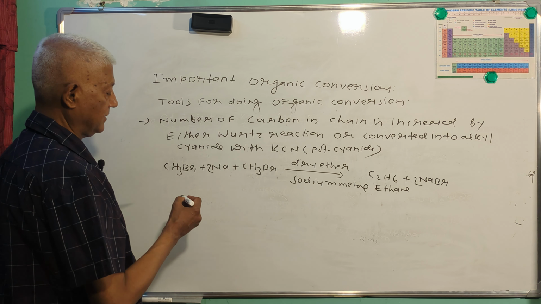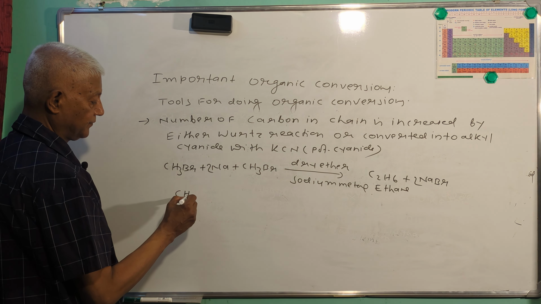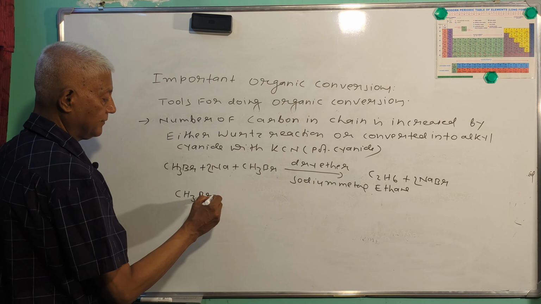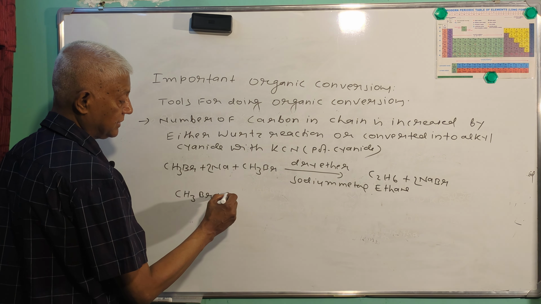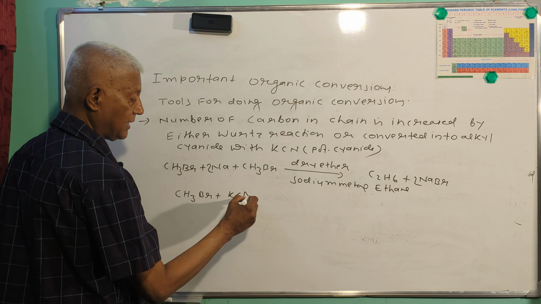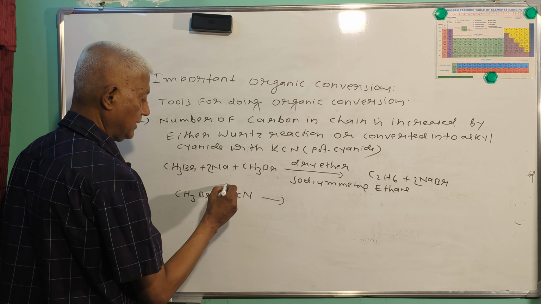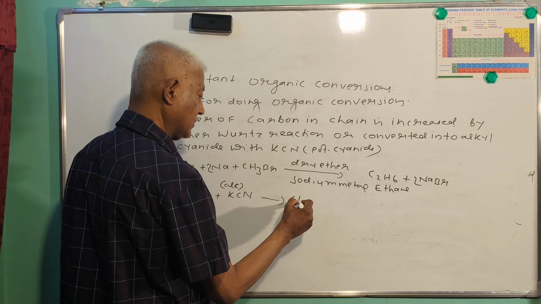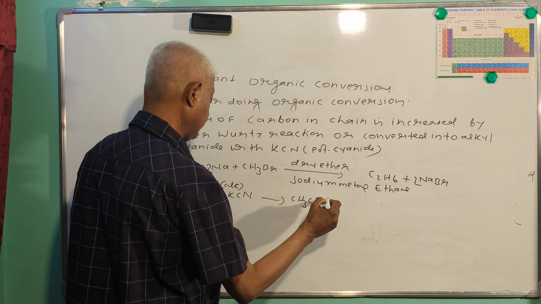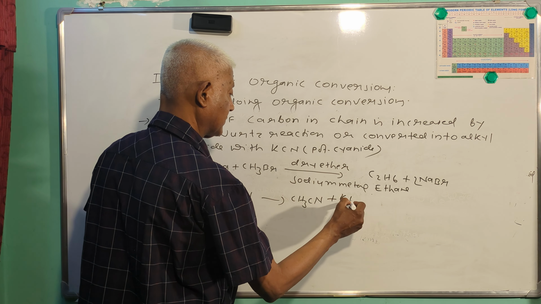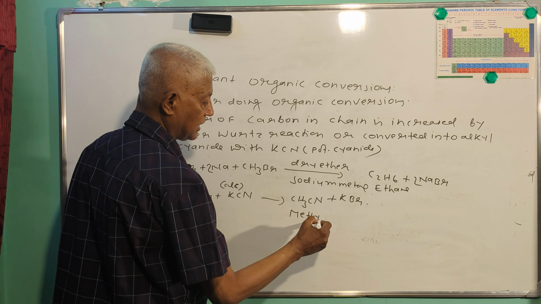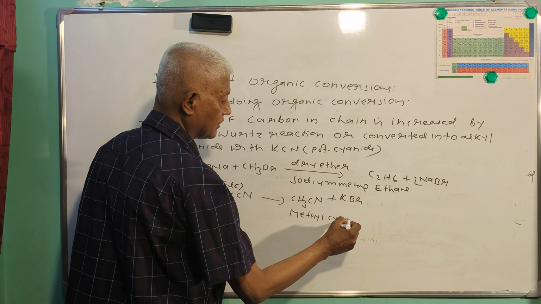2 carbons over here. Like this, CH3Br reacted with potassium cyanide, maybe alcoholic solution. So what we have? CH3CN plus KBr, that is methyl cyanide.